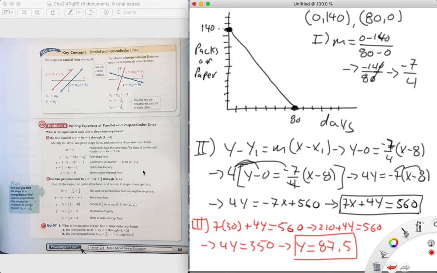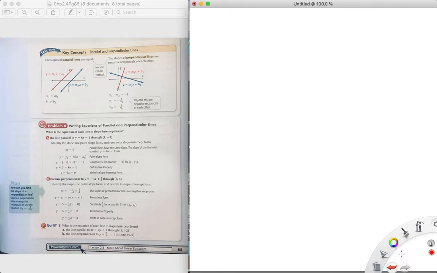Okay, so parallel and perpendicular lines. If we have a line that is parallel, those are lines that never intersect. Right? They never intersect.